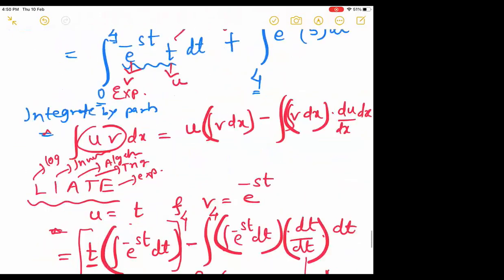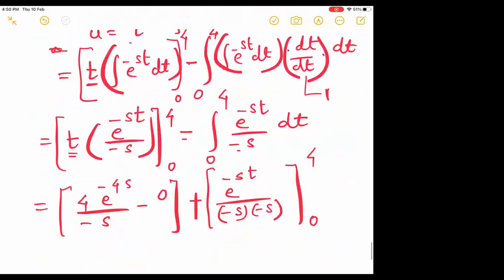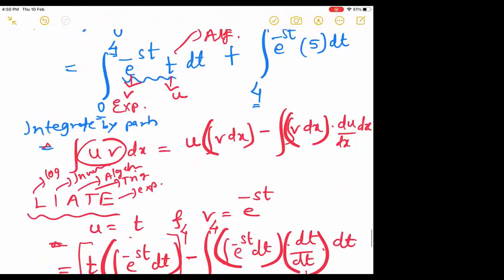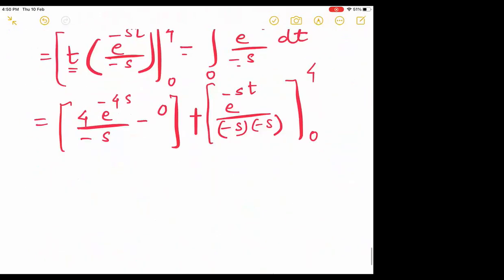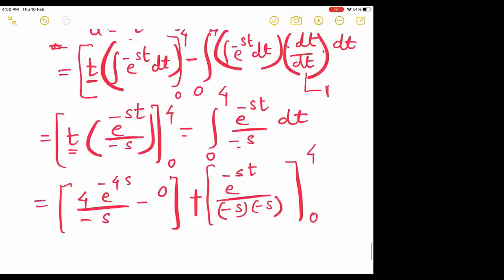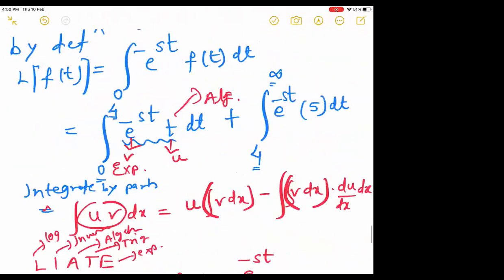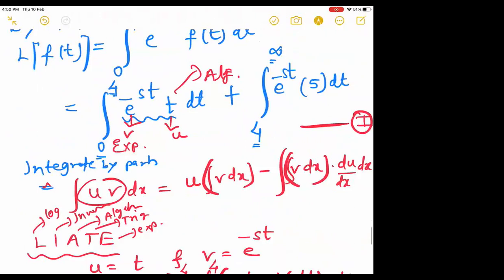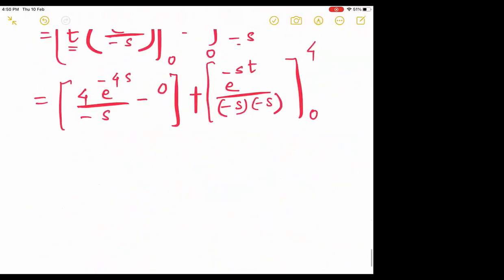Correct? This is only for the first term we are solving. I will call these two integral terms equation number 1, and only the first term we are solving.